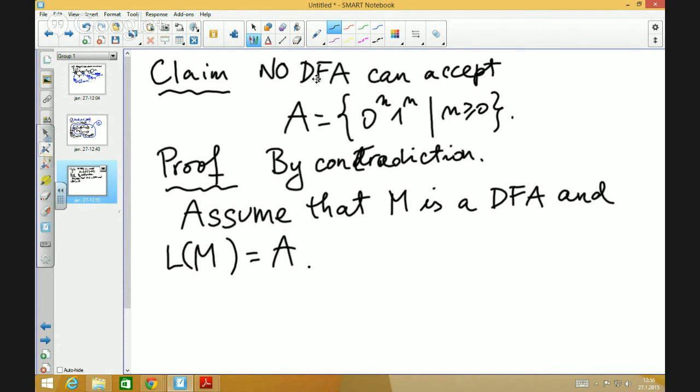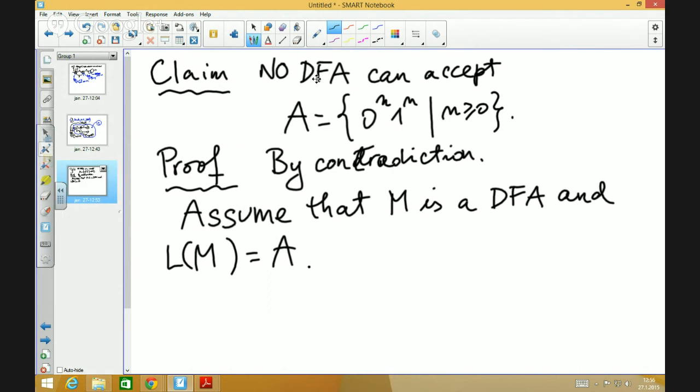It only accepts strings of this form and no other. Since this is a DFA, it will have some number of states. Let's assume, for example, it has 5 states. What we are going to do afterwards does not depend at all on the fact that it has 5 states. The pattern of proof will work even if it had 3 billion states, or the number of atoms in the universe states.